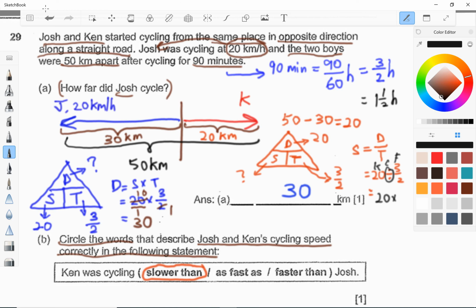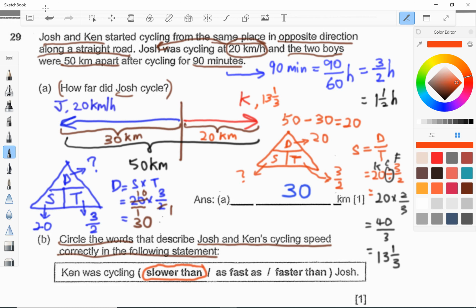And F for flip, so they flip the 3 over 2 into 2 over 3. And this gets us to 40 over 3. If we do our long division, 40 over 3 has to be 13 and 1/3, because simple mental sum, 3 times 13 gives us 39, plus 1, I get 40. So as we can see, the speed for Ken is actually 13 and 1/3 kilometers per hour.